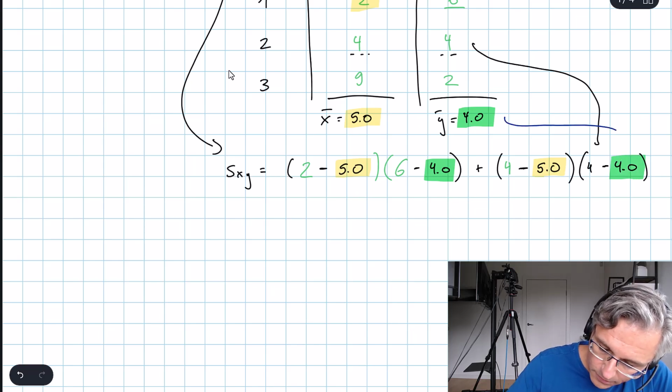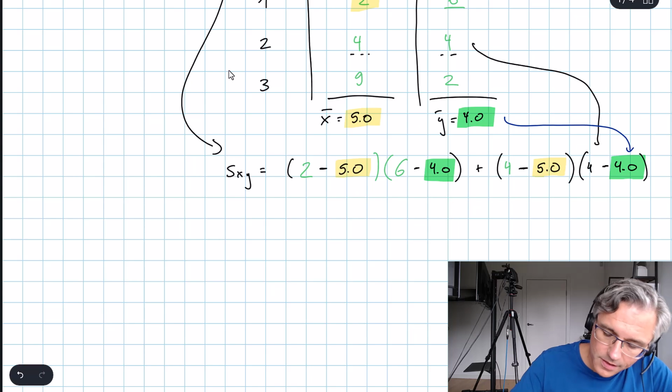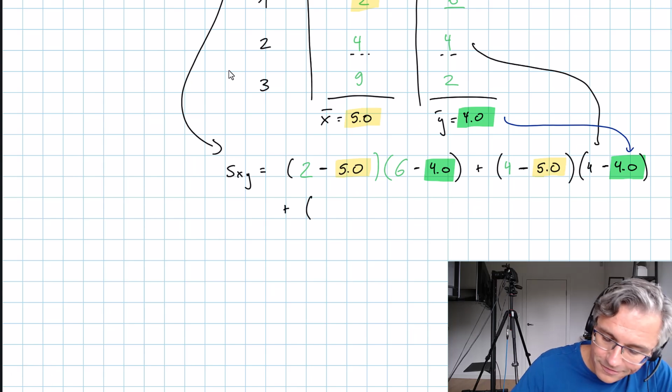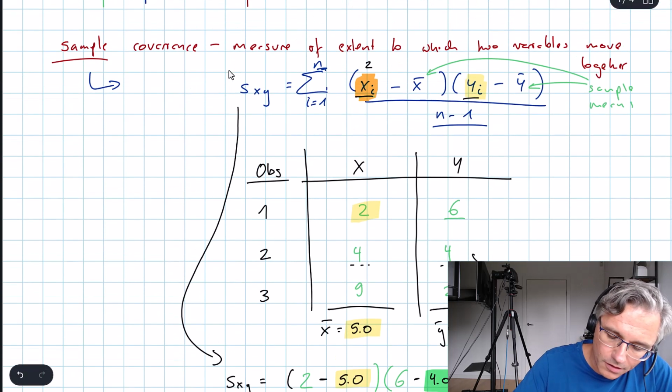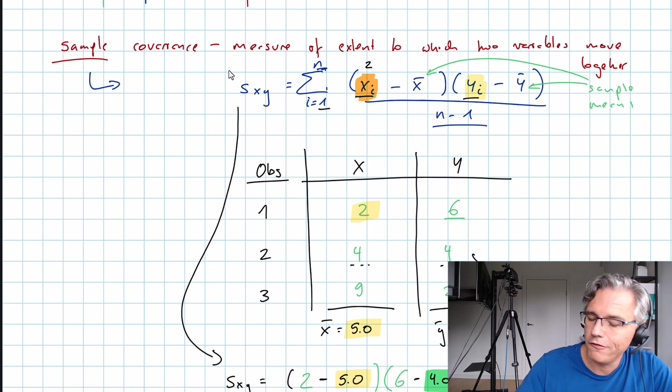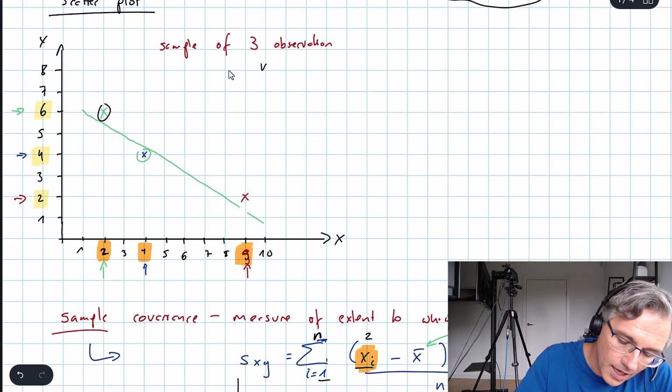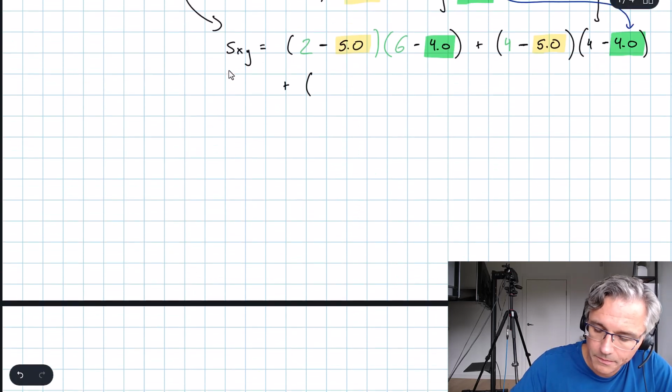So the number I'm deducting stays the same. And then the final combination, which is, I'm starting with the first combination and finishing with the third one, because my sample size, n, is equal to 3, simply.